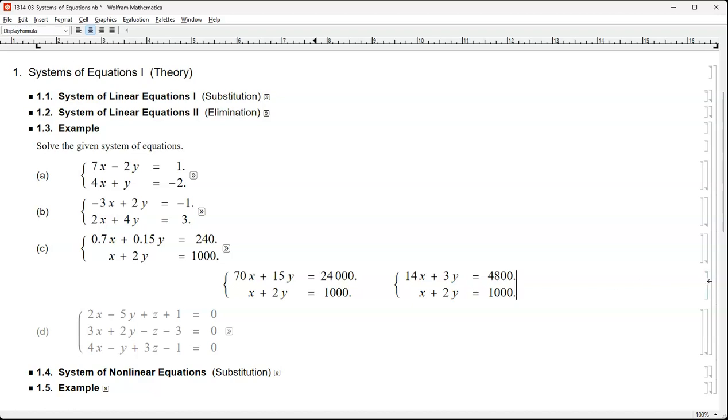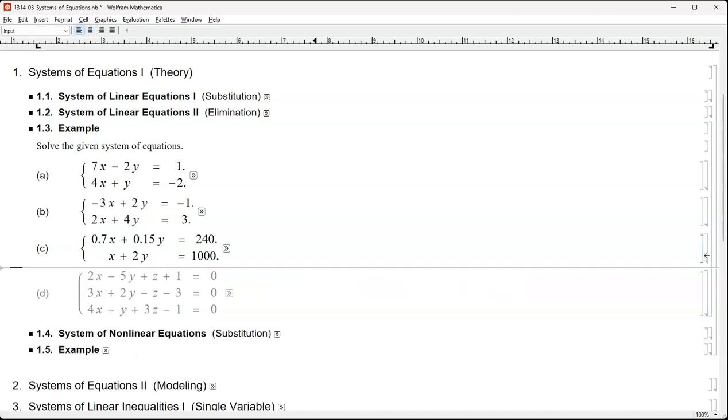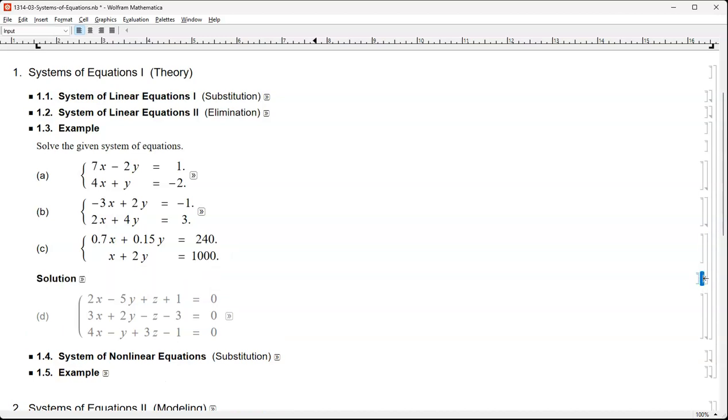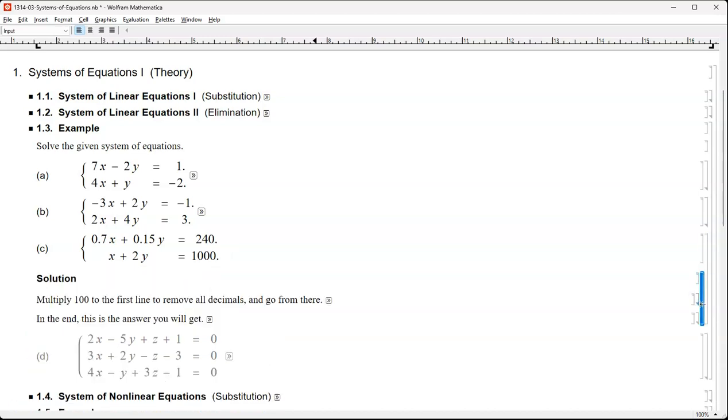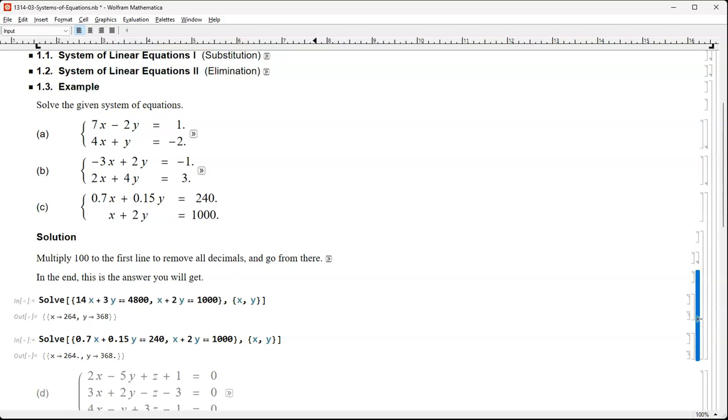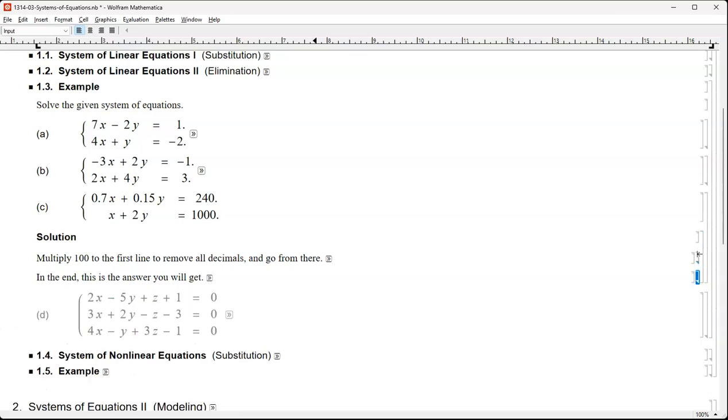Let's see. Did you get it? If you haven't started, then stop the playback and try. What did you get? If you do it right, you're supposed to get 264 and 368 respectively in the end.